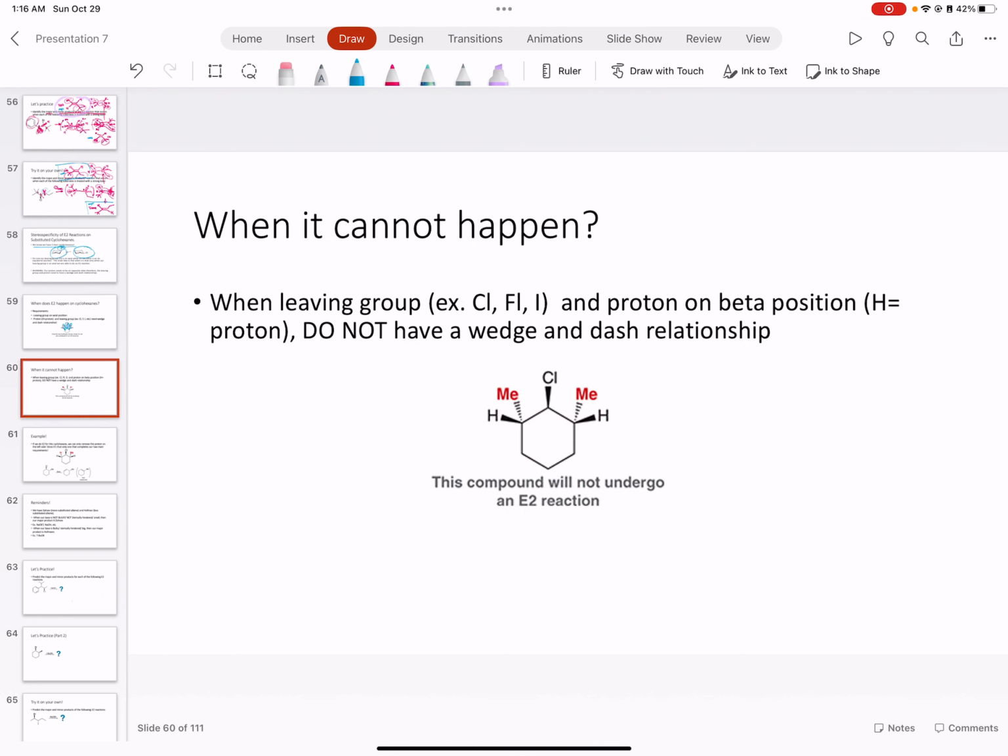When can it not happen? When the leaving group, for example chlorine, fluorine, or iodine, and the proton on the beta position do not have a wedge and dash relationship. For example, we have our chlorine, our leaving group, on a dash, not on a wedge, but we don't have our beta hydrogens on dashes. Instead, we have them on wedges. Therefore, the reaction is not able to happen. So for example, we have our leaving group here and this one is on a wedge. Remember, we want a wedge and dash relationship.